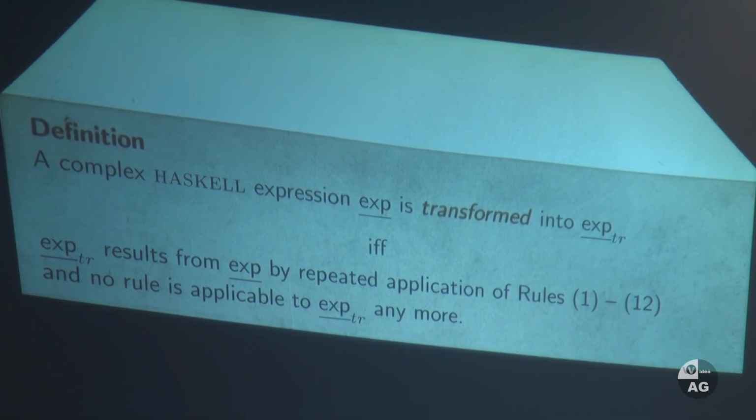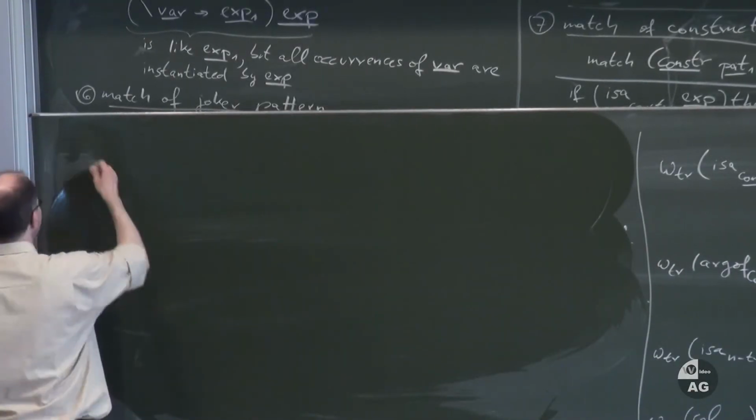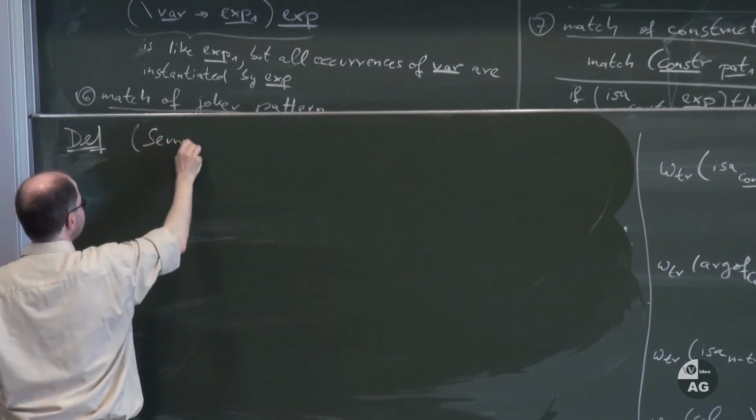And one can prove that these rules are really terminating and give you a unique result. So you can really apply these rules, and then you get a unique result. And then one can finally define the semantics of complex Haskell in the following way. Okay, so the final definition is the semantics of complex Haskell.